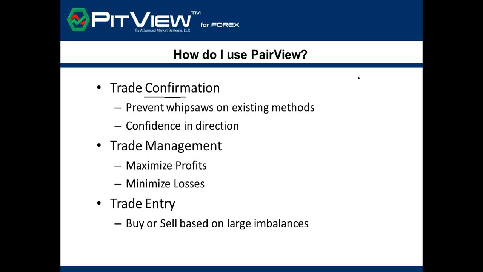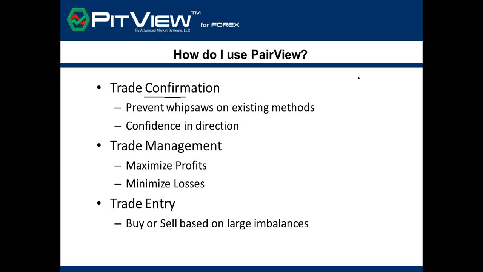When you're using PitView, if you get, let's say, a buy signal on an underlying strategy that you're already utilizing, but you also see in PitView that the market maker activity matches up with that buy, then that's the ultimate trade confirmation.